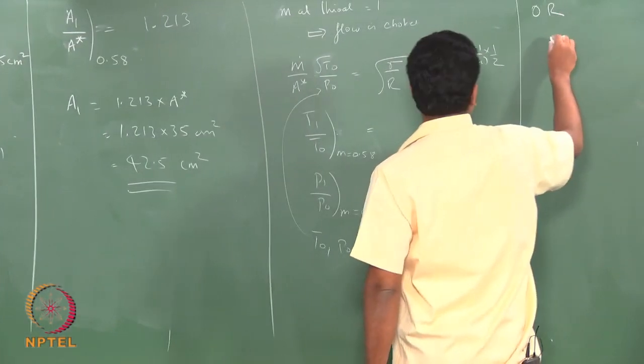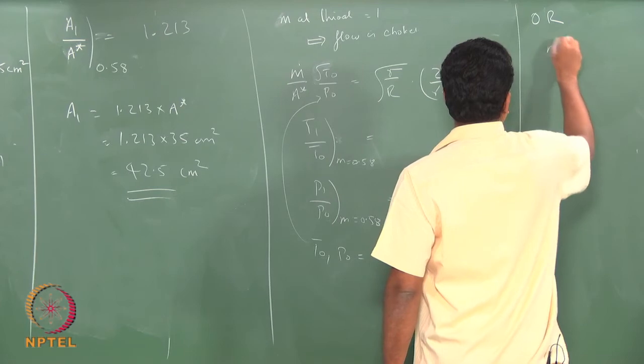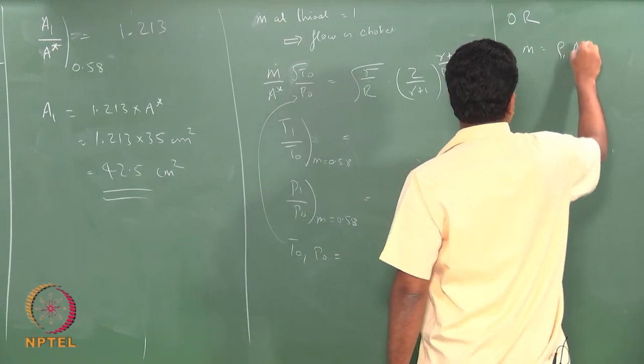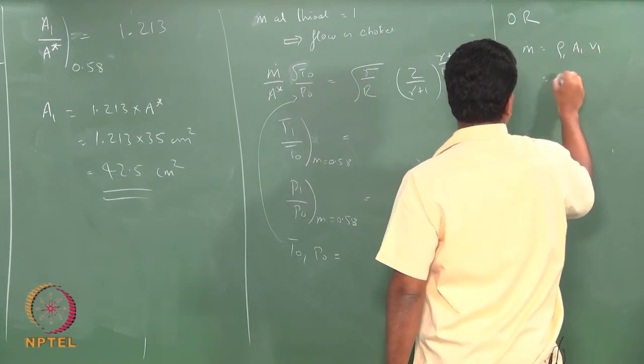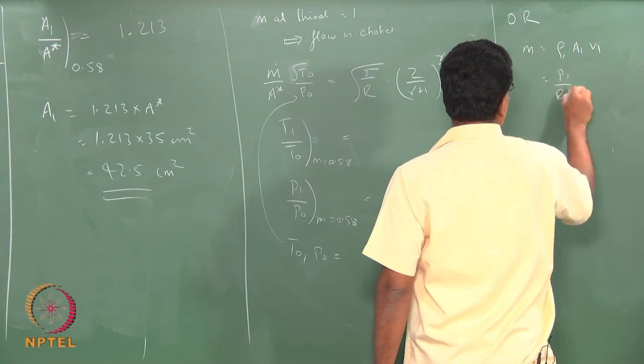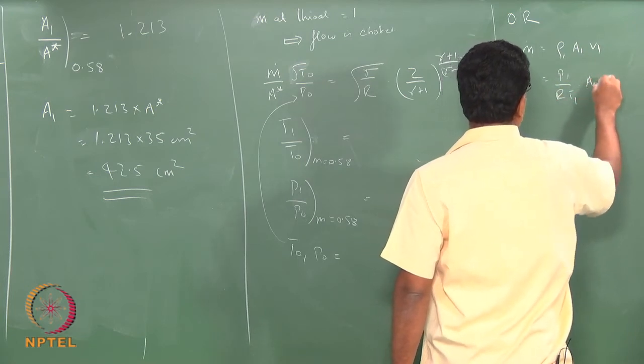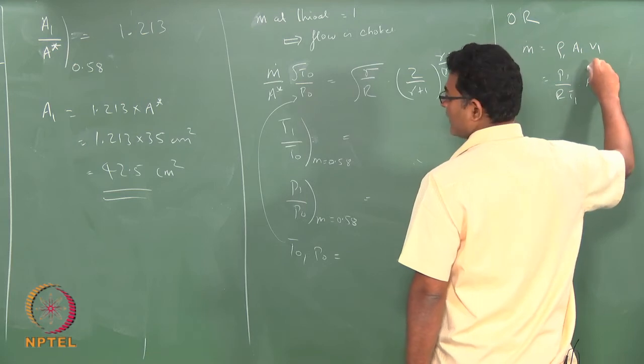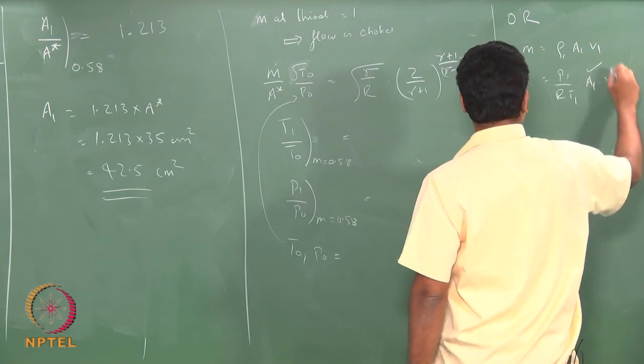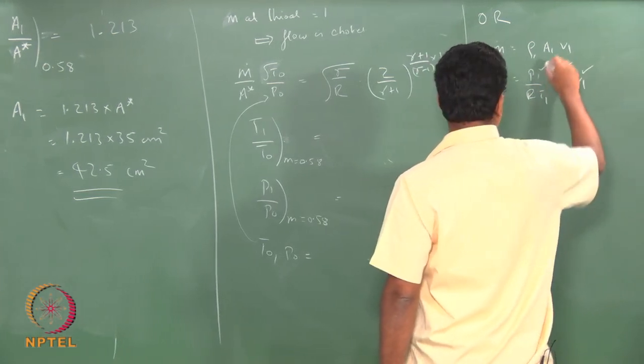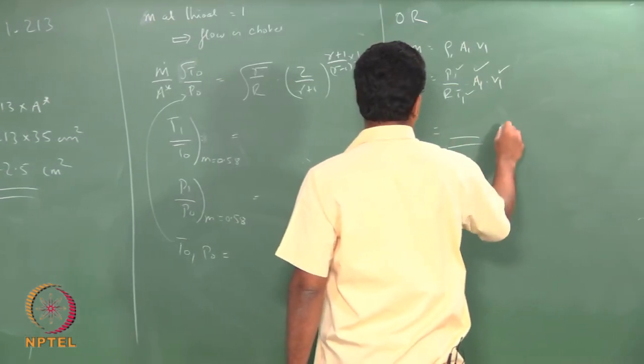m dot is rho 1 A1 V1, rho 1 is P1 by R T1, into A1 into V1. So, A1 now we have found, V1 is given, P1 and T1 are given.